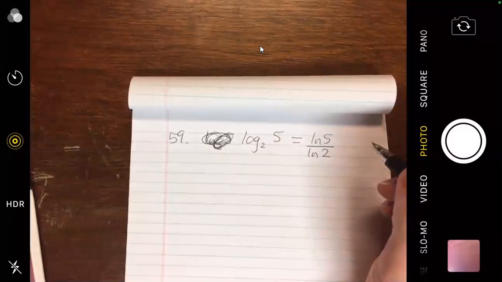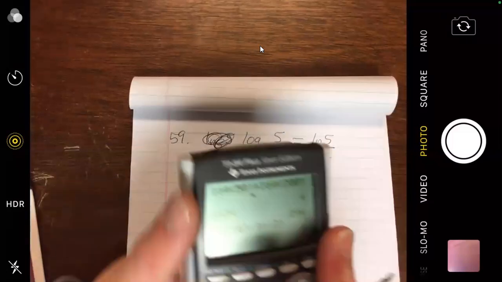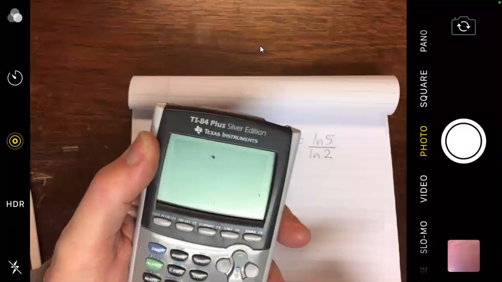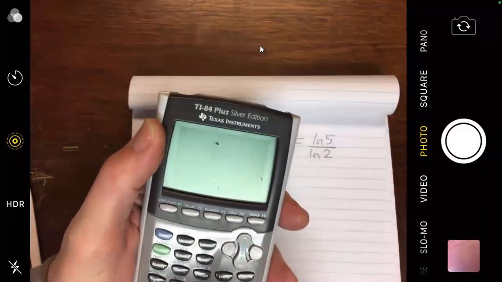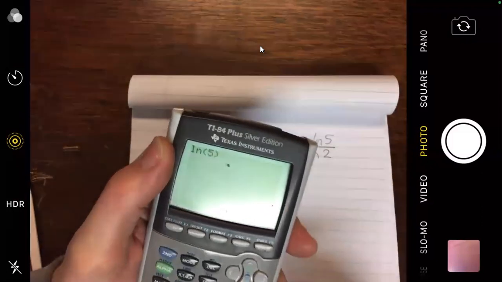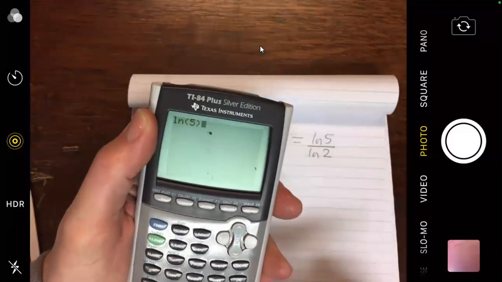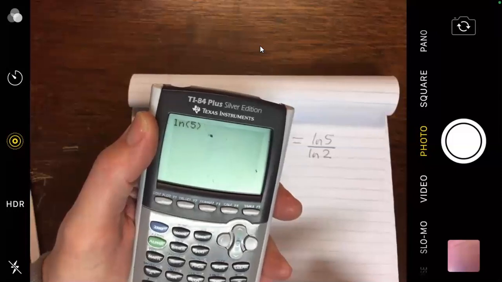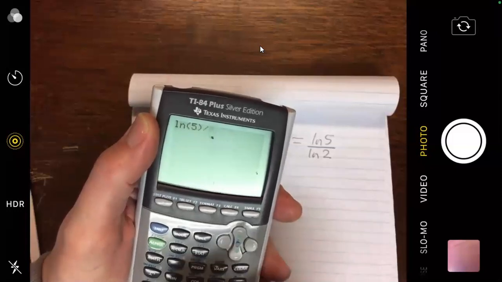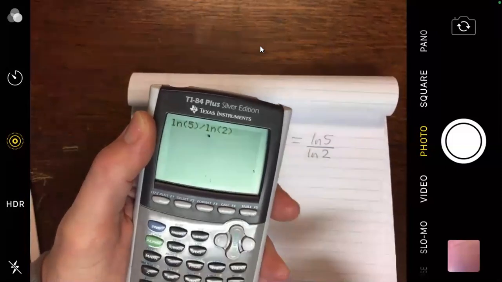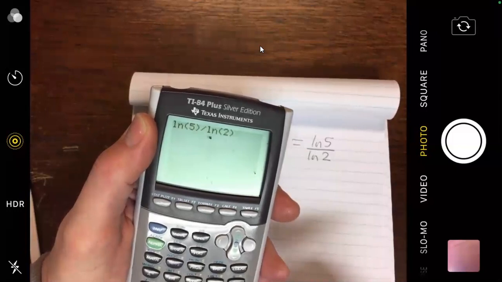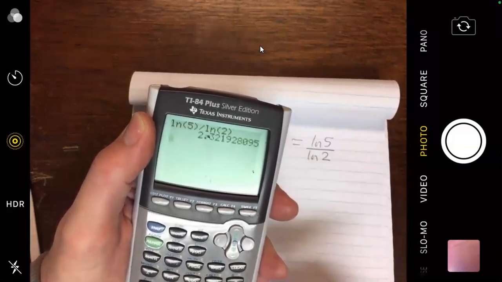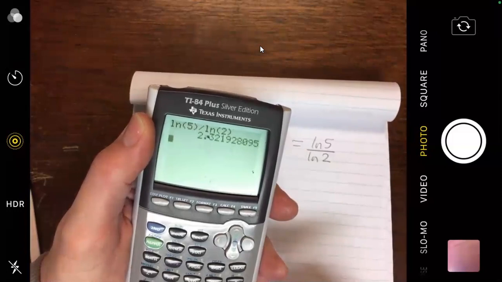Punch away. ln 5 divided by ln of 2. 2.322, we'll call it.